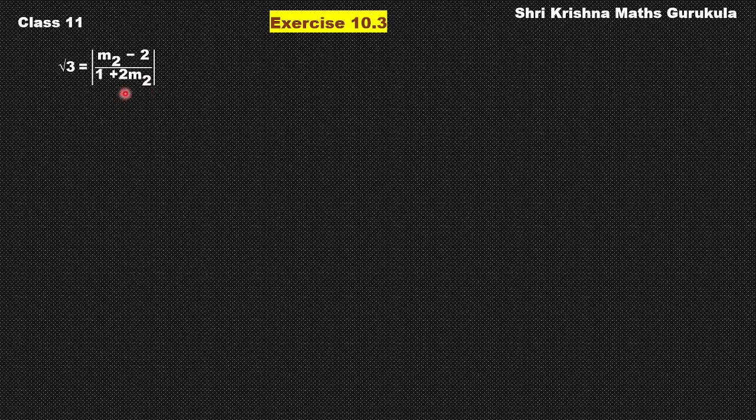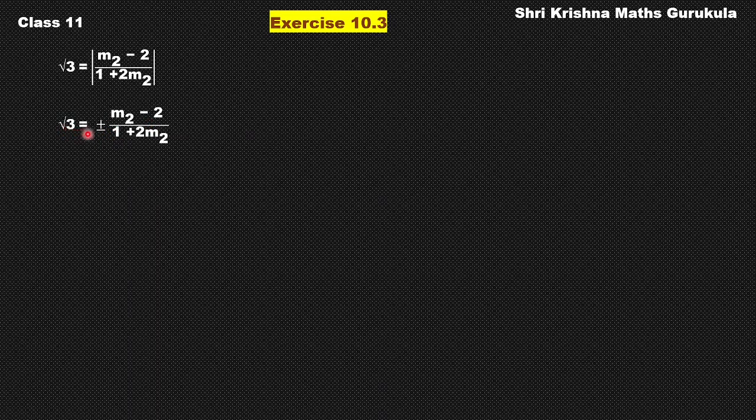Now we have to find the value of m2. For that, we have to get rid of this modulus. Any term inside the modulus can be positive or negative. So when it comes out of the modulus, we have to consider both positive and negative signs. It can be either positive, it can be negative also. So we cannot ignore the fact that it can be negative also. So we have to consider plus or minus.